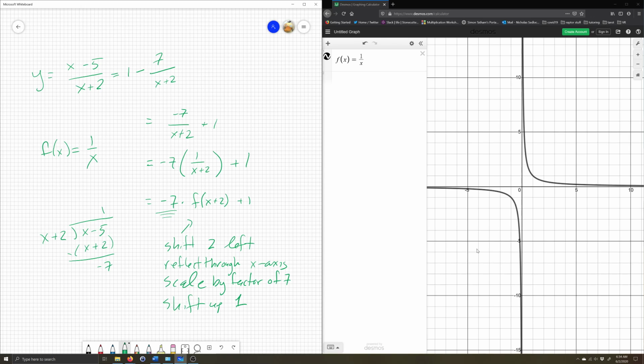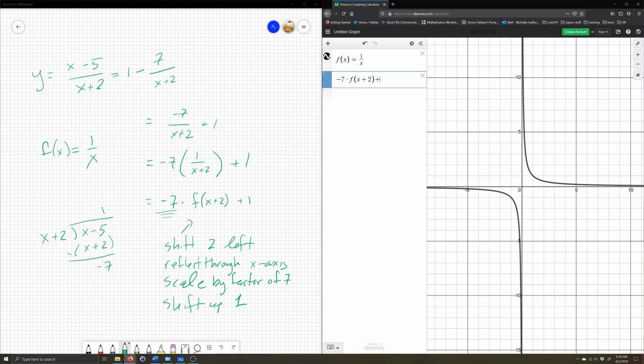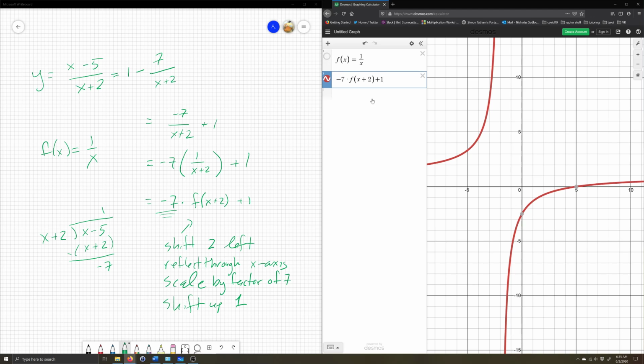And so let me write negative 7 times f of x plus 2 plus 1, and that red graph is what my function should look like.